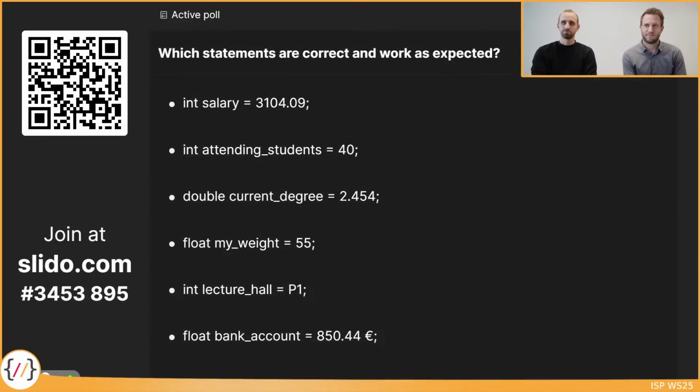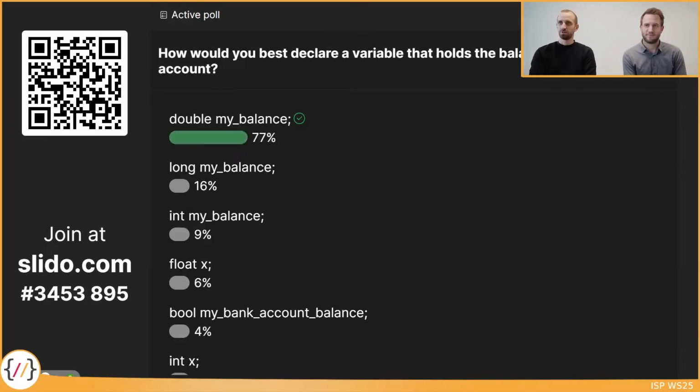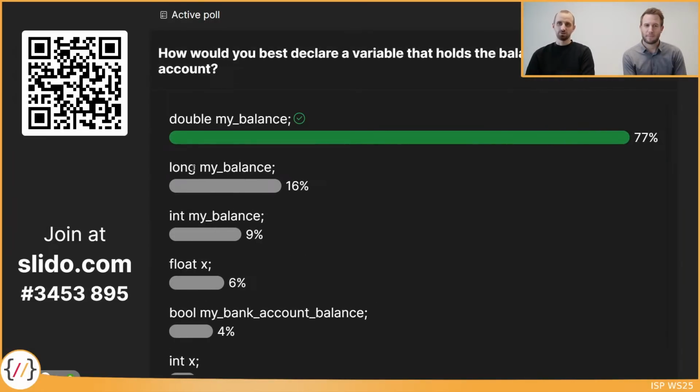Let's go back. The long my balance is also a good idea, but a long is also just an integer, it cannot store decimal places. It's just a larger integer.